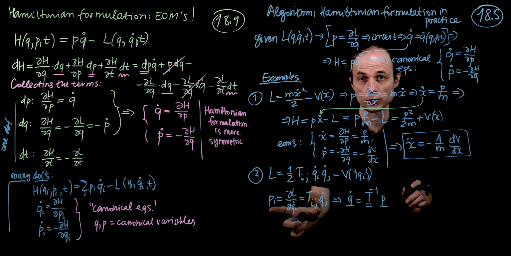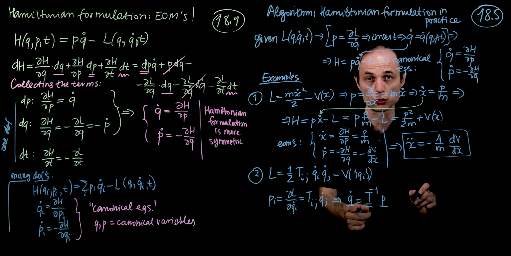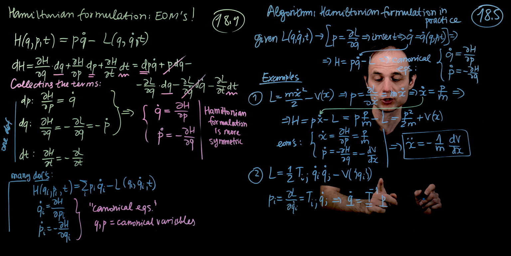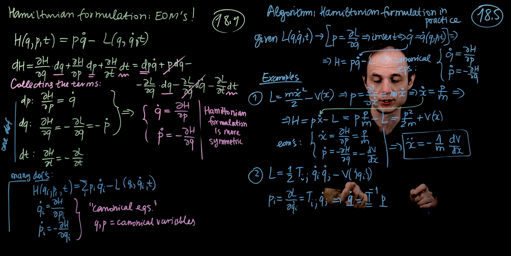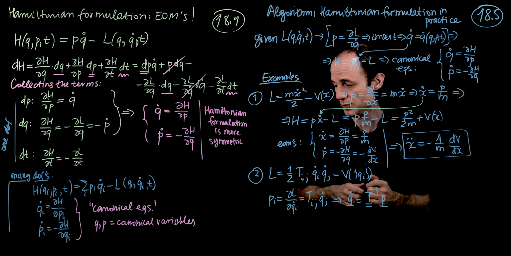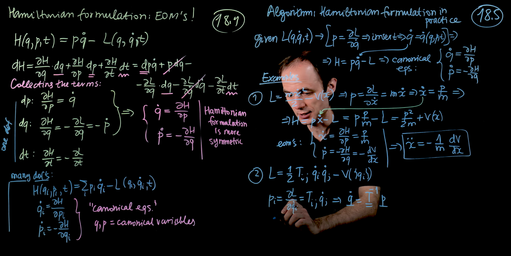In order to invert this matrix expression, we can use a matrix form where we write down the vector of velocities as the inverse of the T matrix multiplying the P vector. And we can compute the expression for the Hamiltonian.